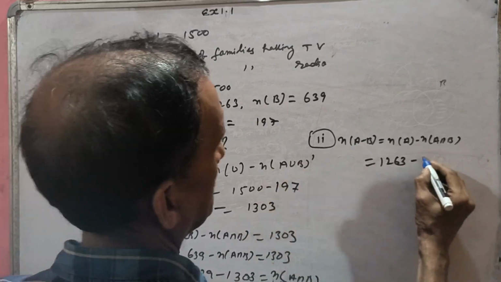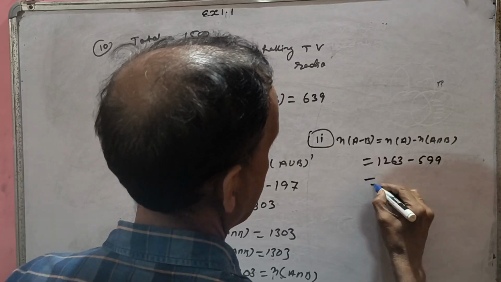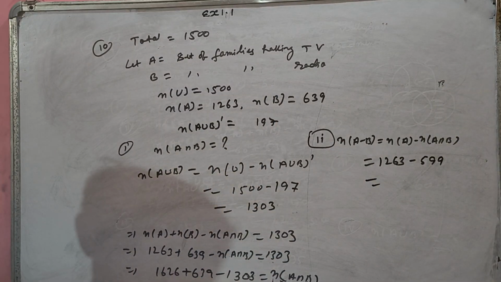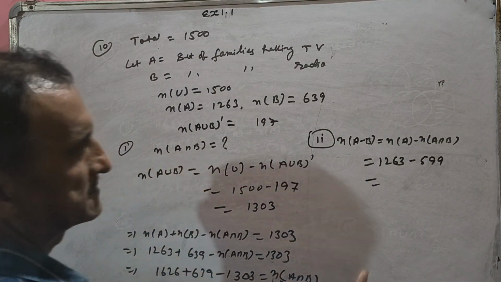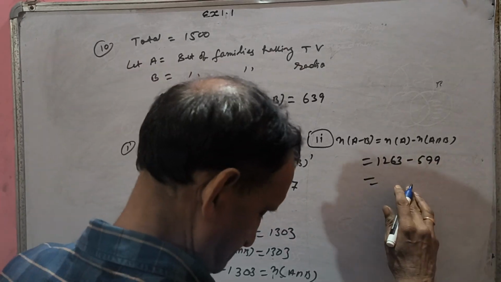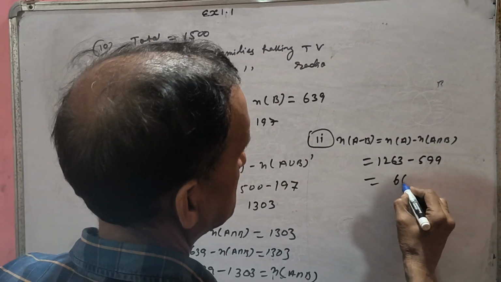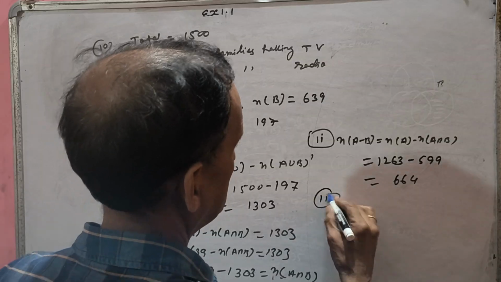How much? 599. Subtract, you will get the answer. How much will you get? 664.